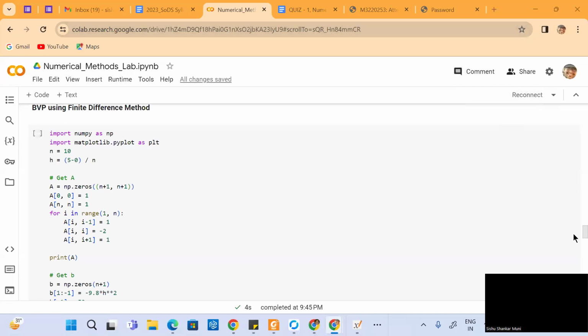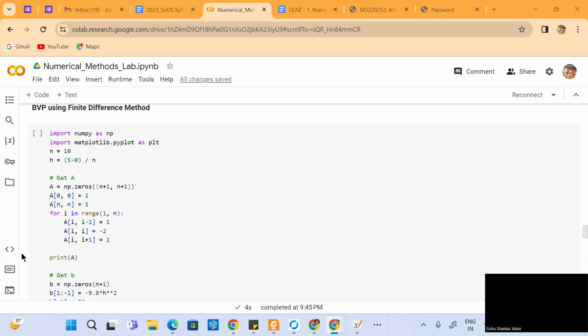If you have written it down, this matrix is the tridiagonal matrix A. The idea of the finite difference method is that you are converting a boundary value problem into a linear algebraic equation Ax equals B. After substituting the finite difference formulas, you will have A as a tridiagonal matrix, and your job is to find the x vector.